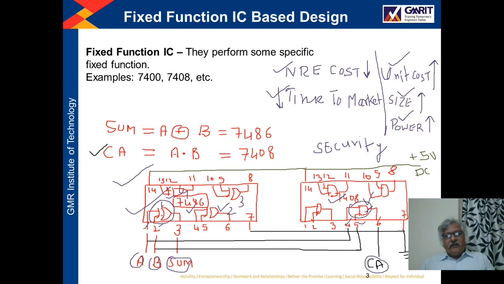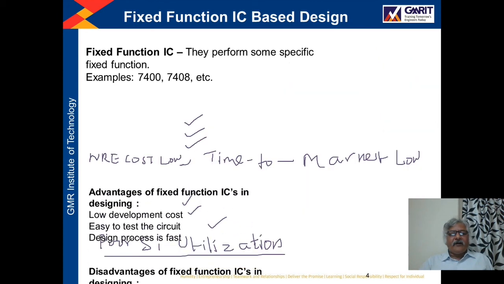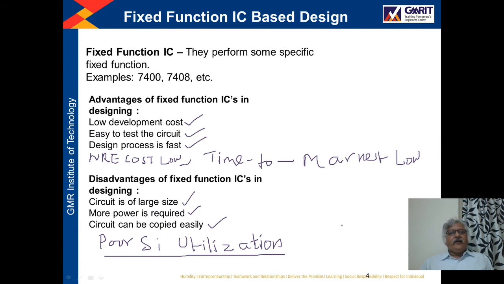We are not utilizing the full silicon of this 7486 IC. In the same way for the 7408 IC, these 4 AND gates are implemented over some semiconductor like silicon or germanium. Out of these 4 AND gates, we are using only one AND gate. So we are not utilizing the full silicon which is required for the implementation of this AND gate. So this is the disadvantage, poor silicon utilization.